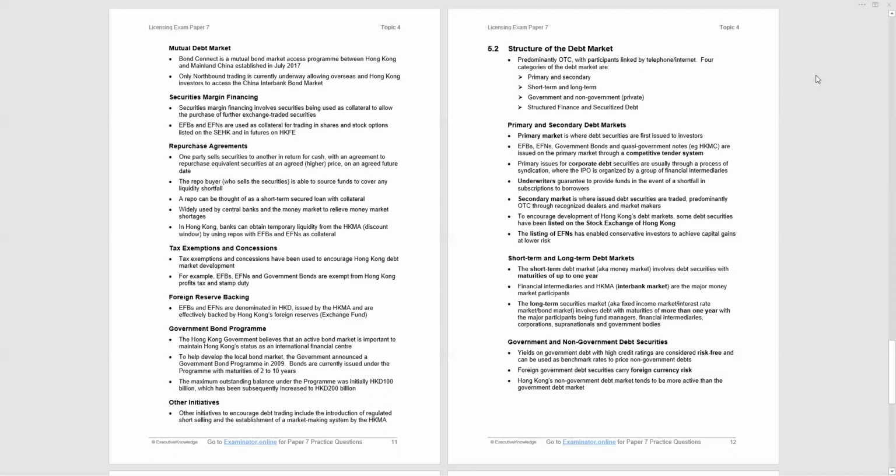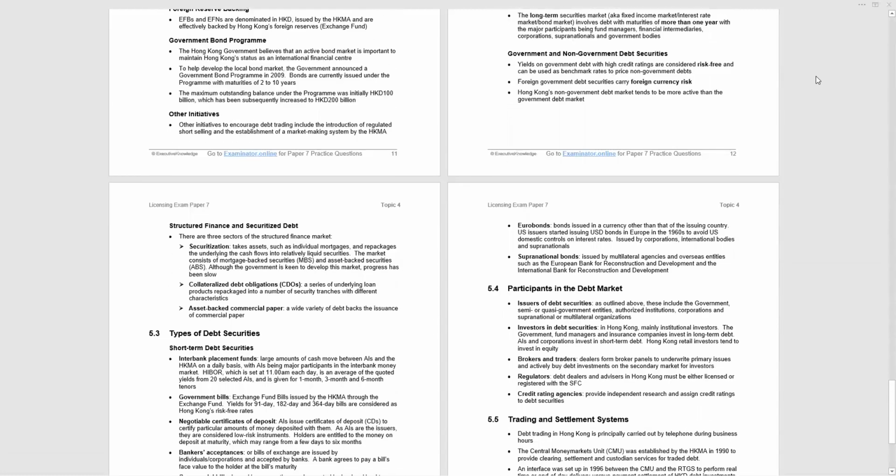So the notes have been all brought together under the heading of primary and secondary debt markets, short-term and long-term debt markets. Remember, the distinguishing feature is 1 year. Less than 1 year maturity, short-term, more than 1 year, long-term. And then government and non-government debt securities are just highlighted there.